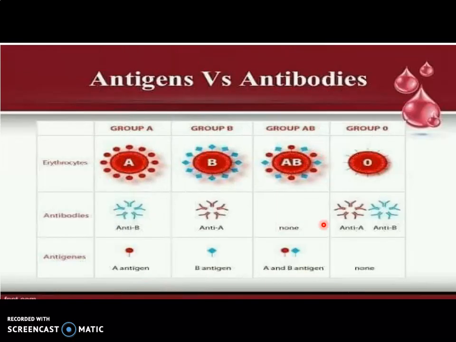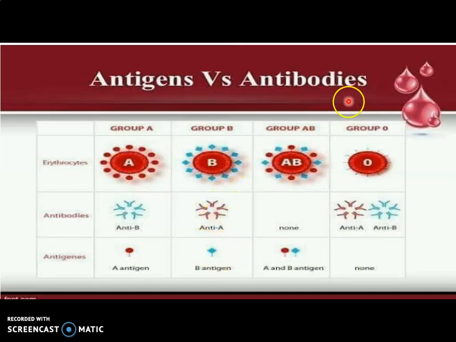Now, what are these antibodies? Blood group A has antibody B. Remember, its name comes as a result of the presence of antigen A. Because of the presence of antigen A, we say that it's blood group A, and it produces an antibody called antibody B. Now, blood group B has an antigen B on its membrane, and it produces an antibody, what?